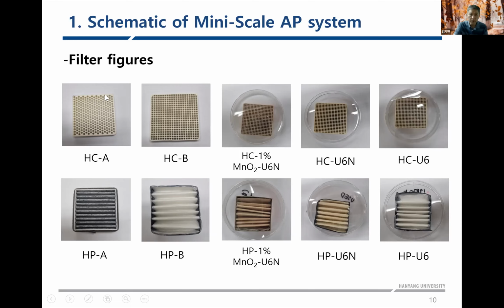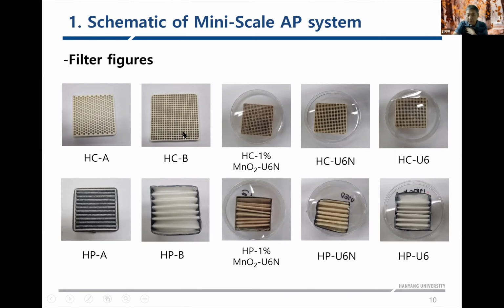They put some TiO2 materials here, and this honeycomb filter blank is B. No TiO2 here, just a plain pristine honeycomb filter. So we can modify using this honeycomb B system. And this is 1% MnO2 U6N.